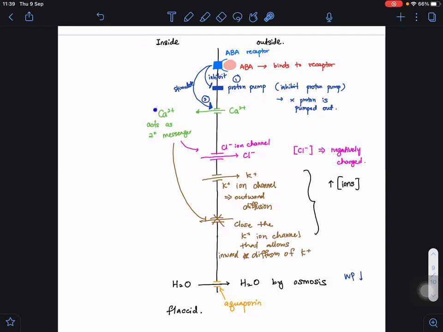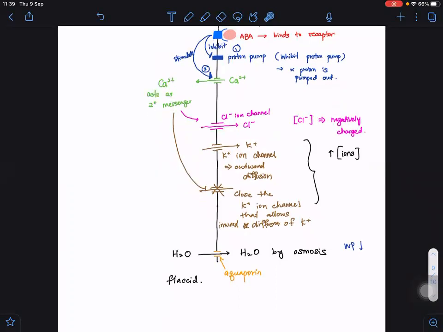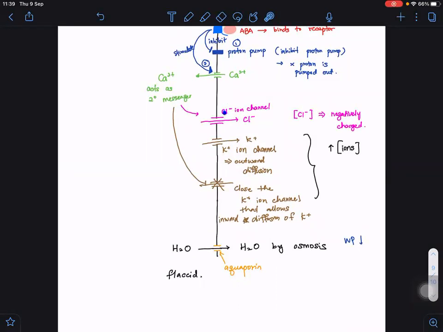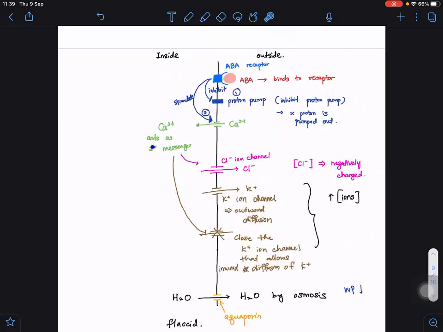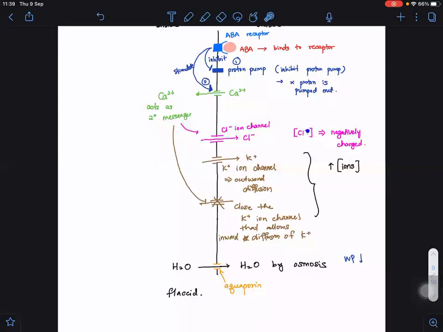Inside the guard cell, calcium ion acts as second messenger. What can this second messenger do? It can trigger the opening of the chloride ion channels, allowing the chloride ions to move from the cells to the surrounding. We do know that chloride ions are negatively charged, so with their presence the outside of the cell becomes negatively charged.